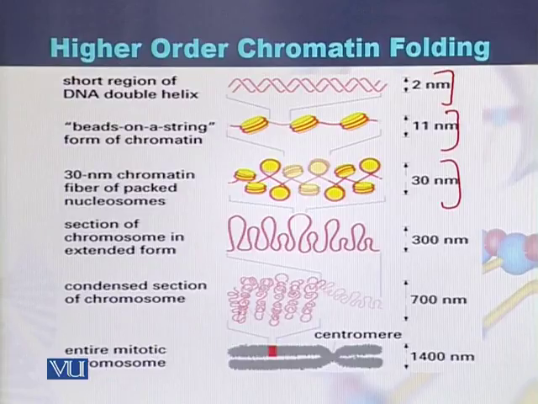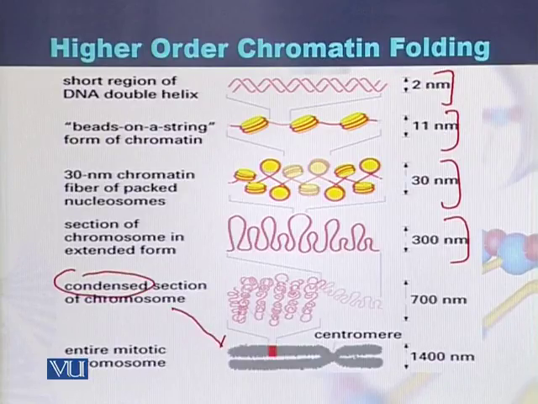These are the scaffolds, which are 300 nanometer. These scaffolds ultimately, after condensed form, are converted into the shape of the chromosome. From this diagram, we can say that there are different levels of the folding of the DNA.